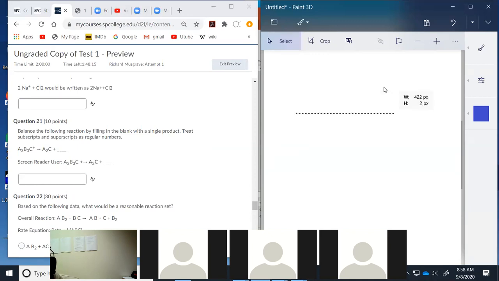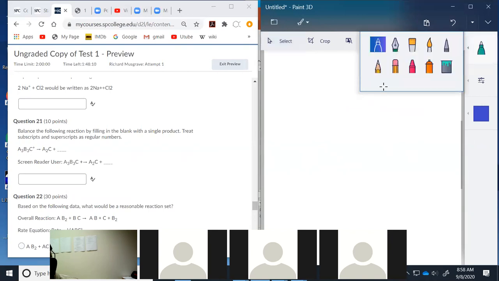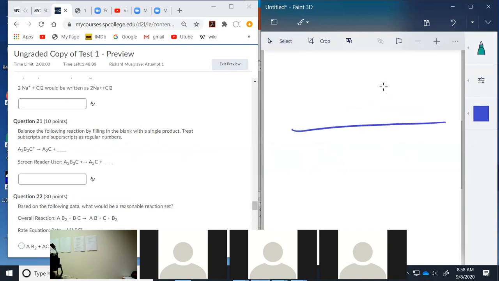So we know everything has to add up to what we have. Okay, so we've got A, B, C giving something. We know that that's the slow step, and we know there's something above that we need to form it.